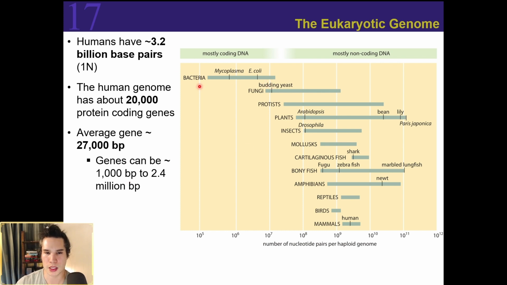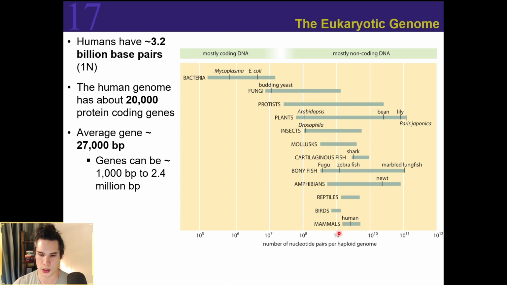So if we look at bacteria, for example, they have anywhere between about 10 to the 5th power and 10 to the 7th power nucleotide pairs in their haploid genome. And when we look at our eukaryotic types, they're a little bit larger in genome size.